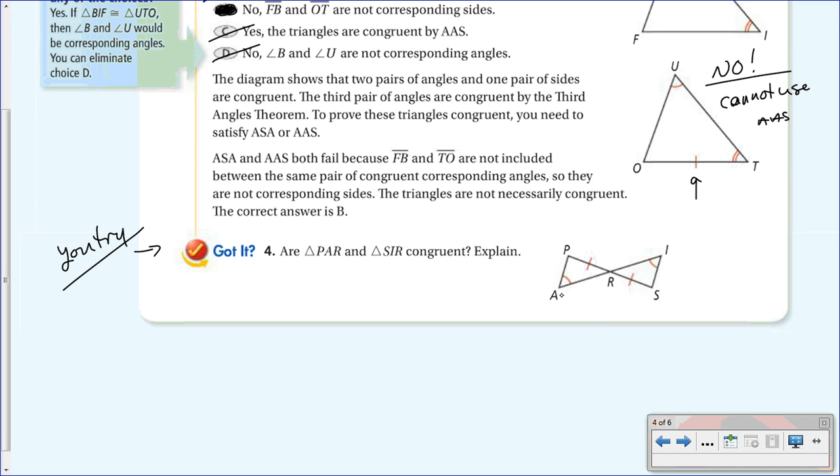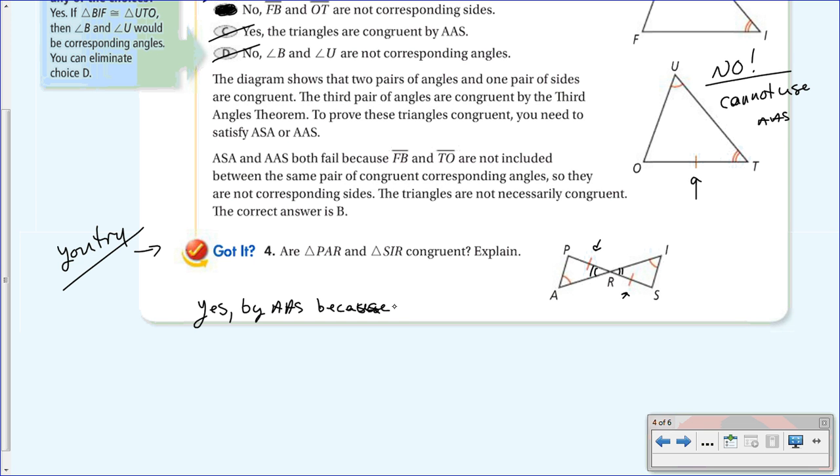Well, let's see. We know this angle is congruent to this angle, and we know that these two angles are congruent because they are vertical angles, and we know these two sides are congruent. Well, I need to put two arcs on this. Now, do we have angle, angle, side? Yes, we do.